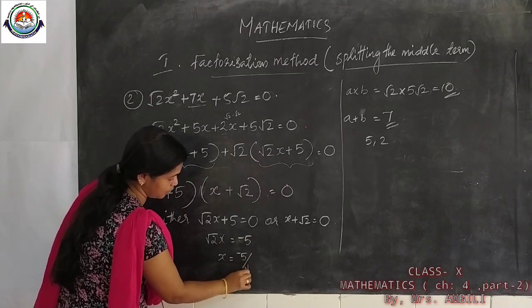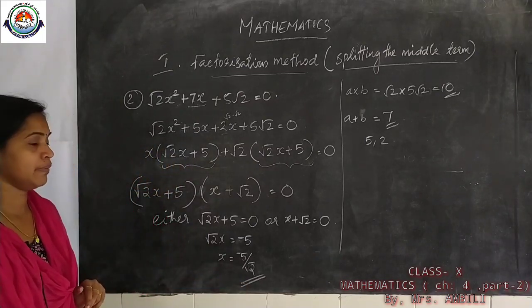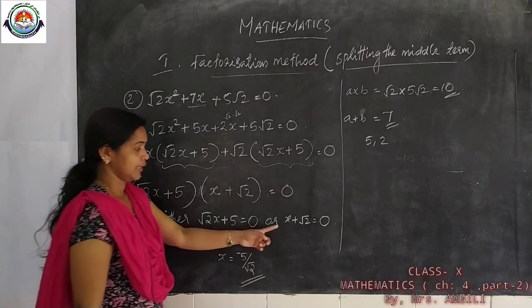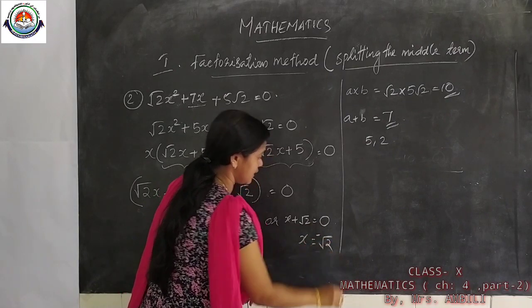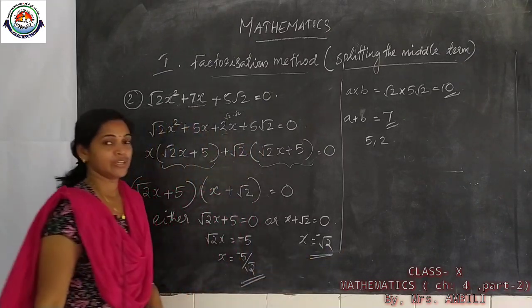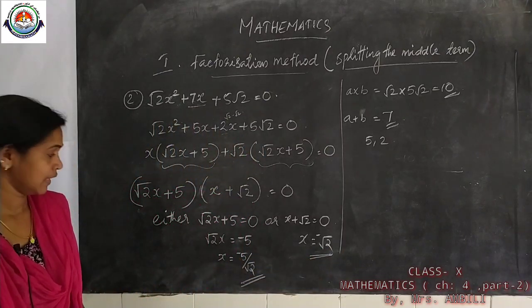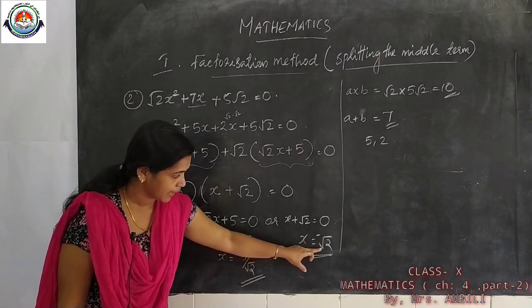Minus 5 by root 2. One value we got, minus 5 by root 2. Here x plus root 2 equal to 0, what is x? X equal to minus root 2. Okay. So we got two roots. What are the roots? Minus 5 by root 2 and x equal to minus root 2.